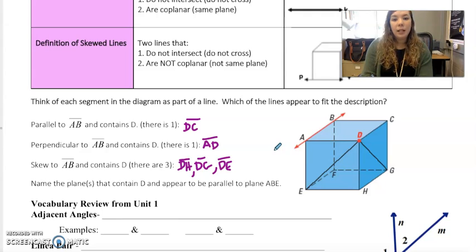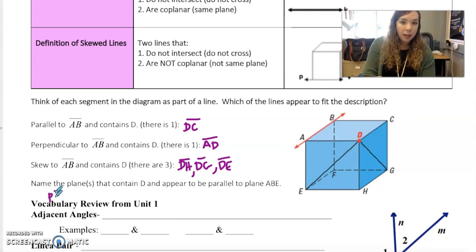Name the planes that contain D and appear to be parallel to plane ABE. So ABE is our plane kind of in the back left here. ABE and F, it looks like. So a plane that would be parallel would be straight across, this closer far right plane. And that would be DHGC.